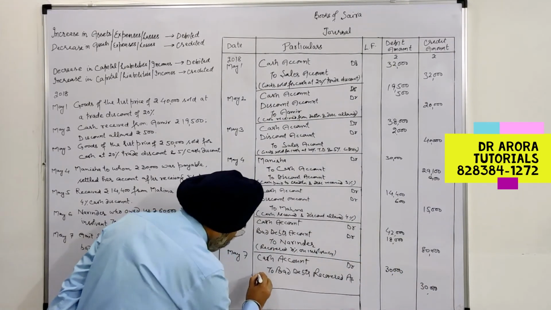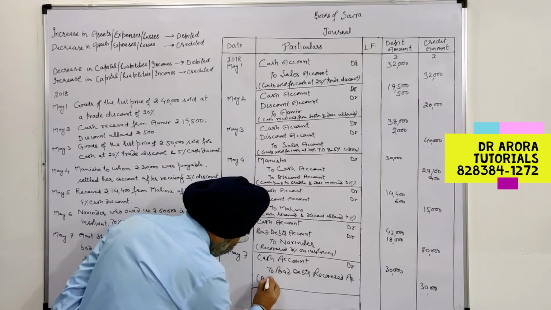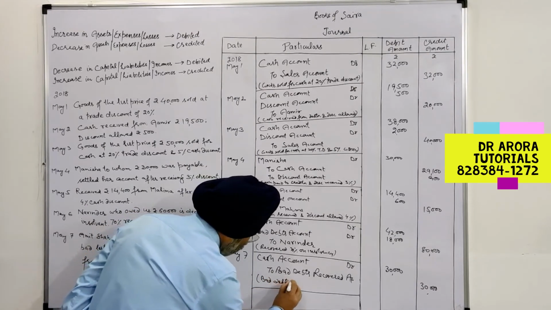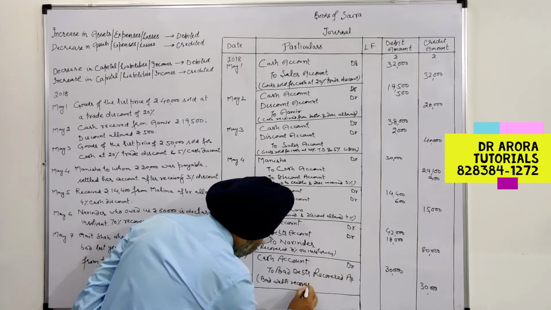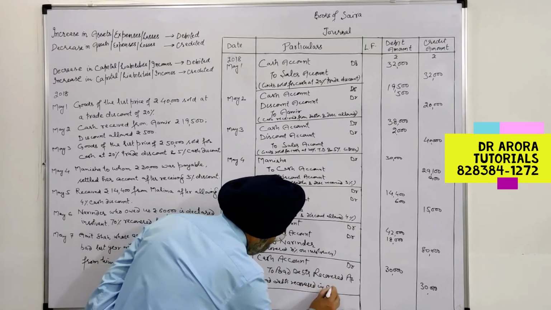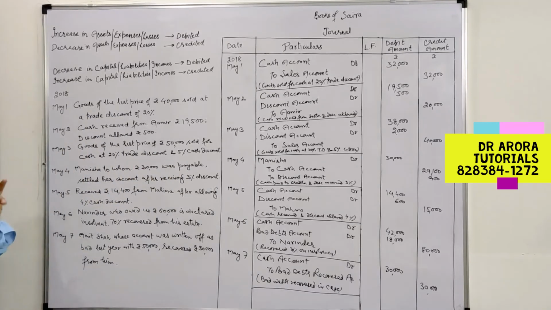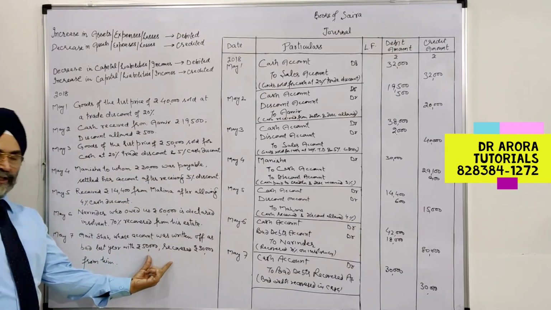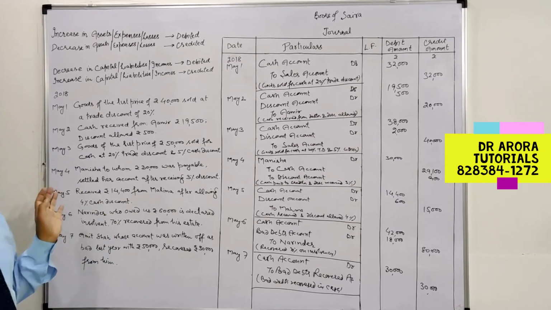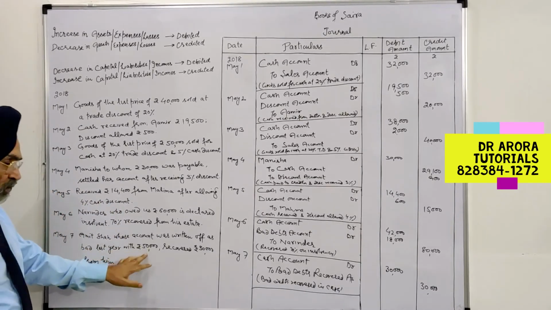So bad debts recovered in cash. Any amount which is unrecovered, that is not relevant for us, because his account was closed. He was our debtor.